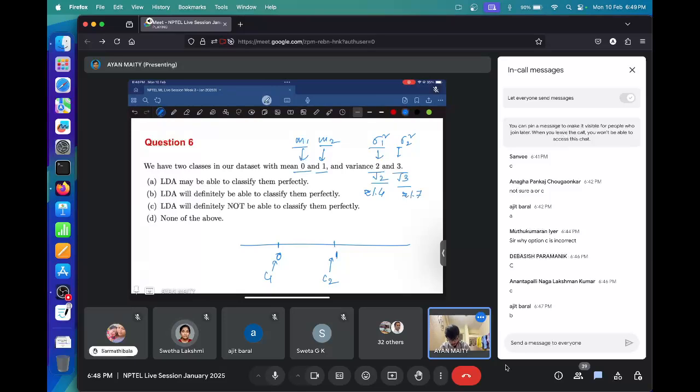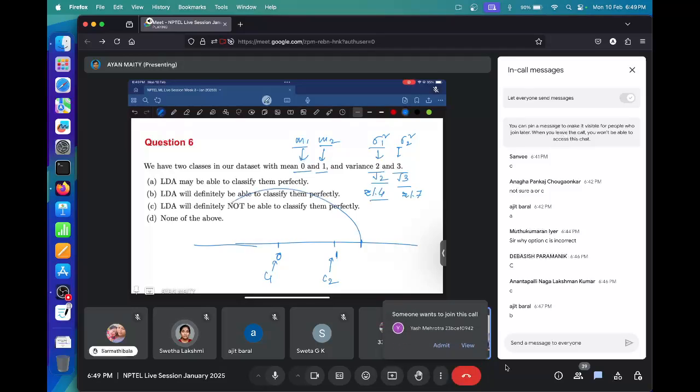So for the first class, most of the points should lie within about 1.4, which is around here.